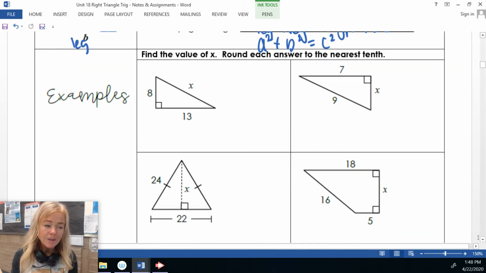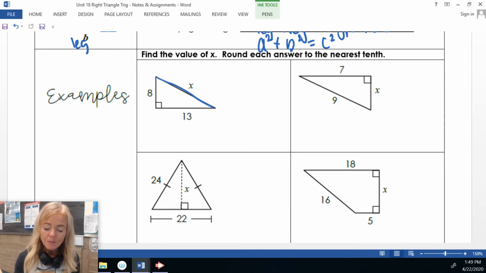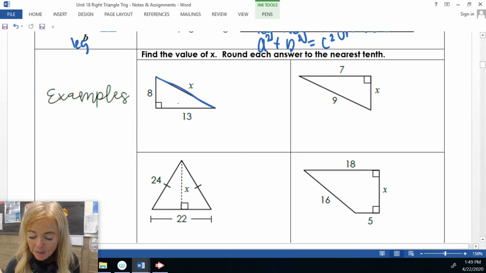Here we have some triangles that are missing sides. So as we know, we use the Pythagorean theorem to figure out the side measure. Now, what I'm going to show you really quickly, on these two, is a little setup that will help you. Here we have the two legs and we're missing the hypotenuse. So the hypotenuse squared is always the one that goes on the side by itself.